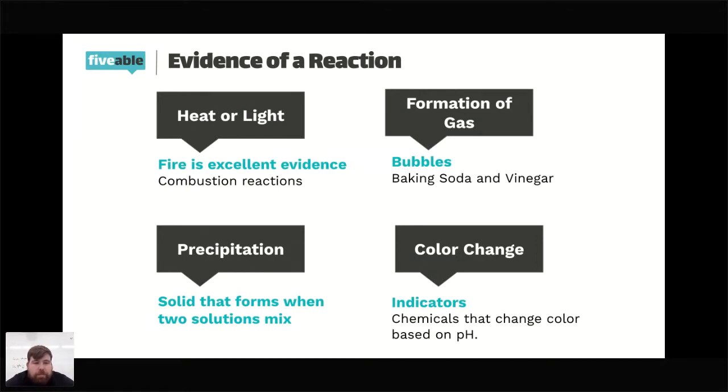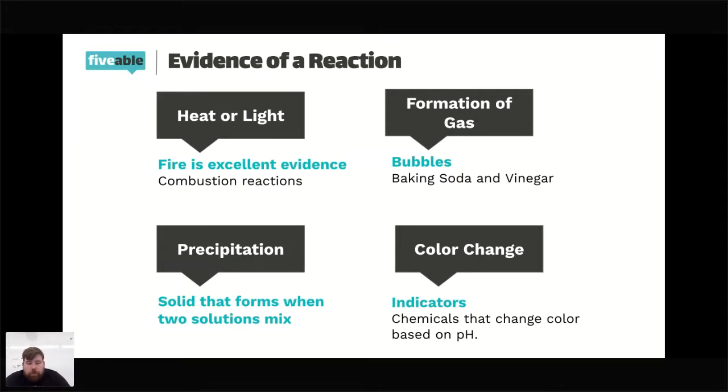That is absolutely not a color change in terms of a chemical reaction. When I'm talking about evidence of a reaction, I'm usually referring to mixing a clear liquid with another clear liquid and getting blue or pink, something that you didn't quite expect, not as obvious as our kindergarten mixing of colors. So keep that in the back of your mind when we work through these evidence of reactions.